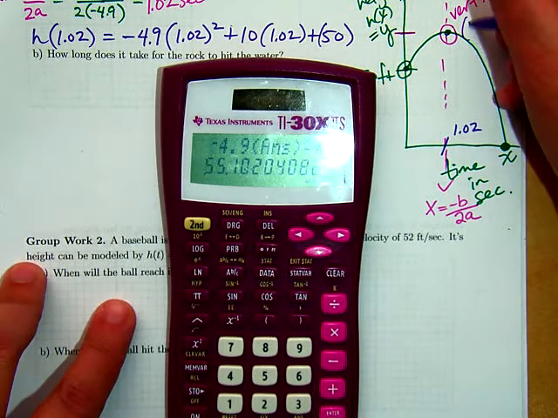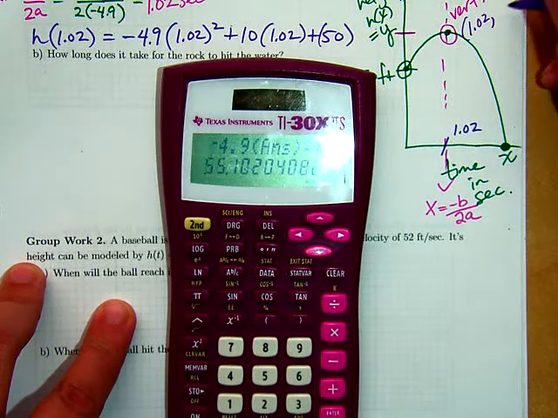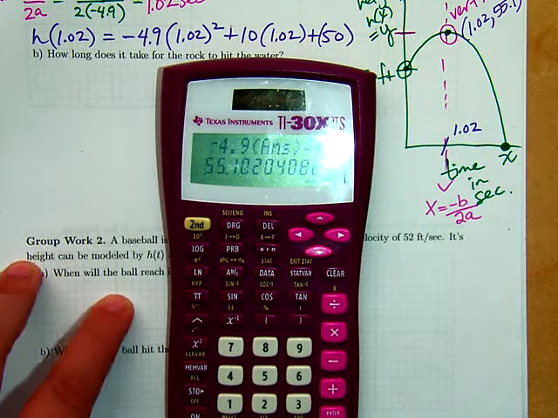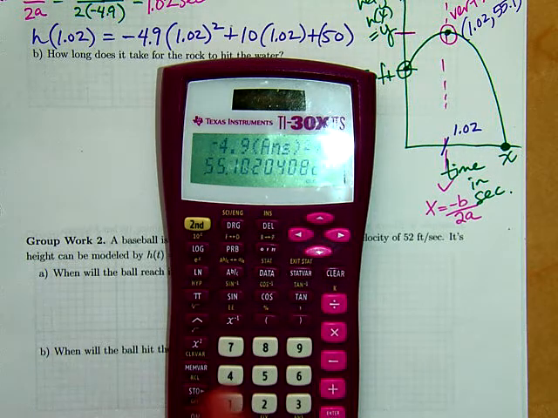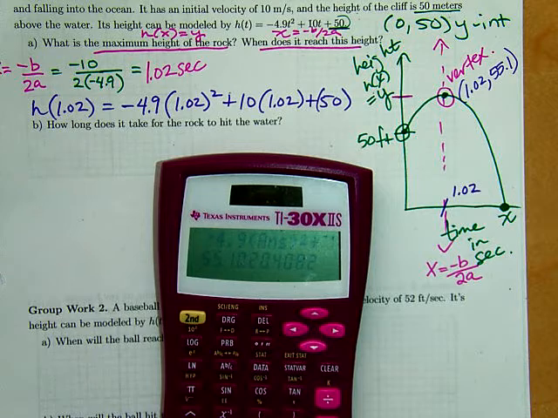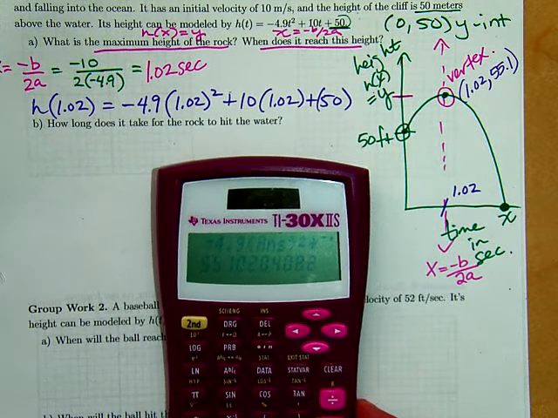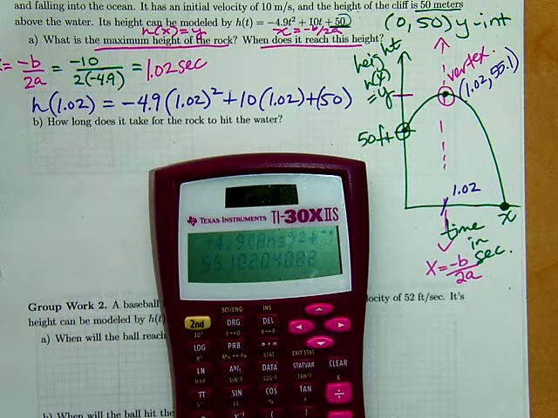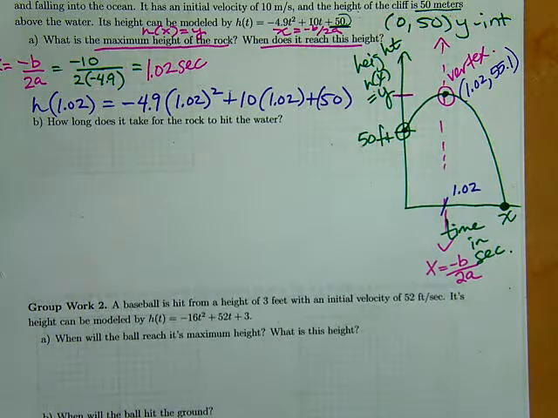So the vertex is 1.02, 55 point, let's just call it 1. You might get a slightly different decimal answer if you use the 1.02, because I used the whole decimal, not rounded. When I use that ANS key, I don't round, right?